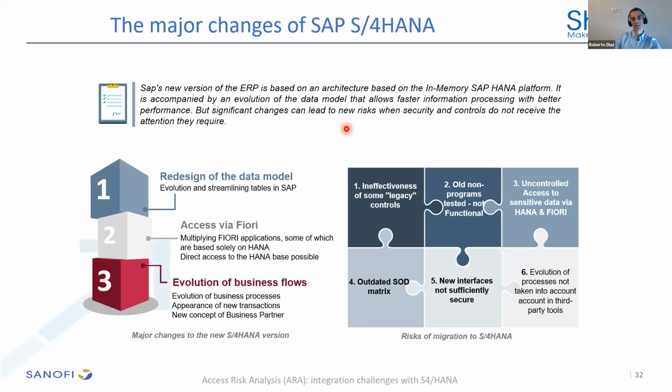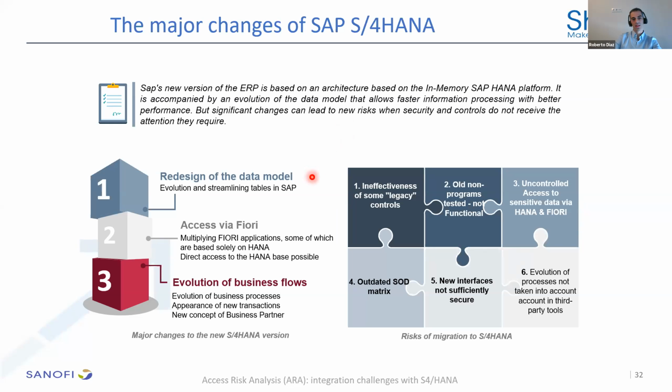So it's better performance, but it also brings new processes, new Fiori apps, new data modeling, and of course, it brings risks, at least in the beginning, when the platform is not fully mature.